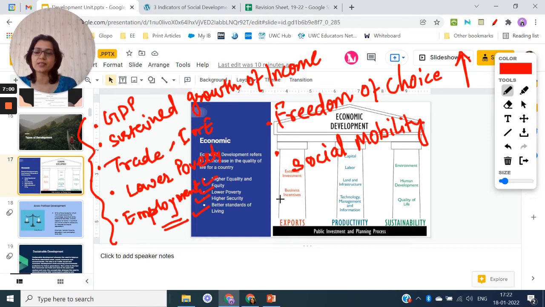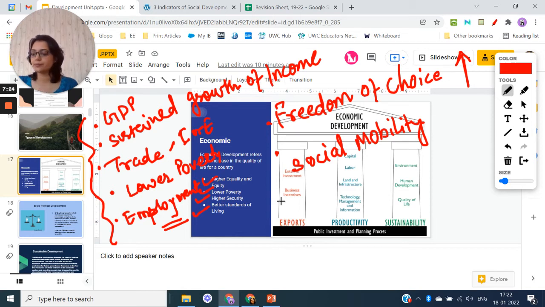But chances are less if economic development is taking place properly, then citizens of that country would not be leaving. There would be no drain of knowledge, right? There would be brain gain, there won't be brain drain, right?